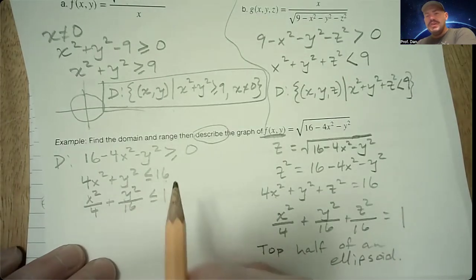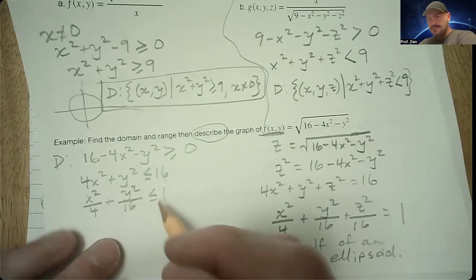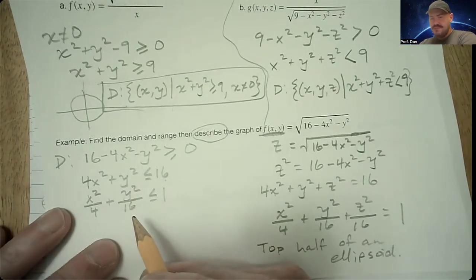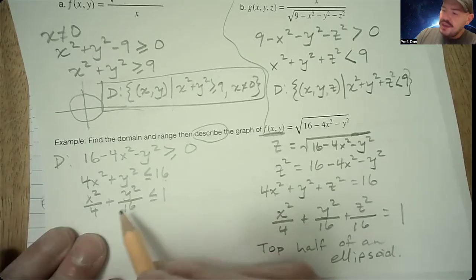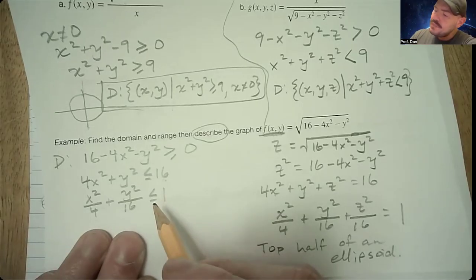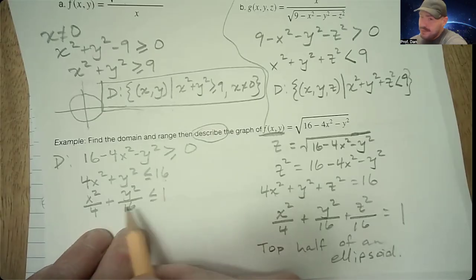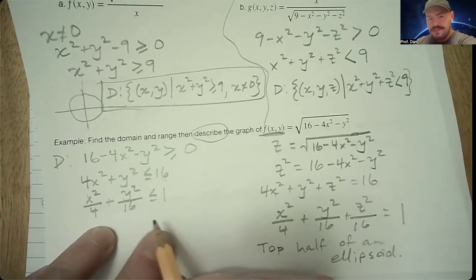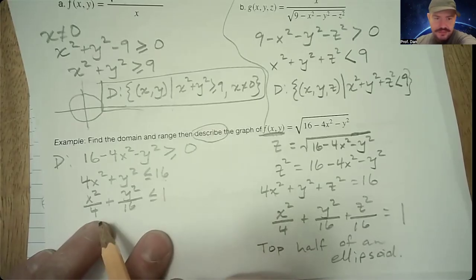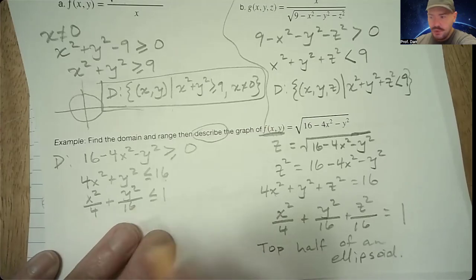And if you remember your conic sections, which are pretty much the two-dimensional equivalent of your quadric surfaces, you would recognize that this is an ellipse, right? So it's an ellipse that has an x radius of 2 and a y radius of 4.